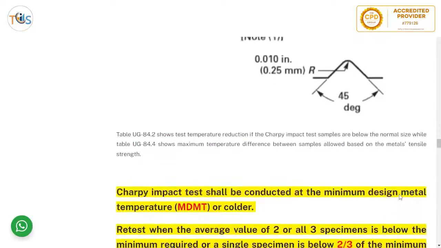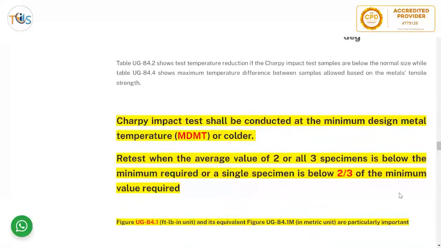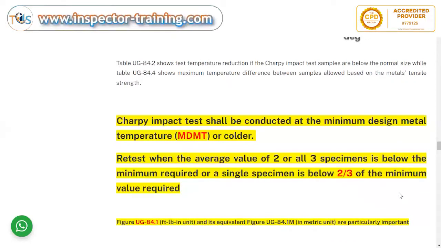UG-84.2, this table shows the test temperature reduction if Charpy impact specimens are below the normal size. You might not get full size because of the size of the part. So if you have a reduced dimension, you have to go to this table to see what the conversion factor is.